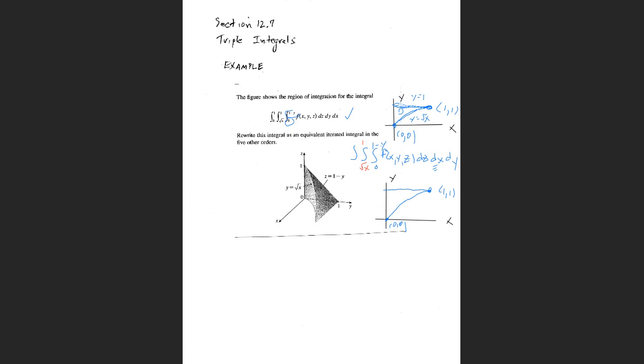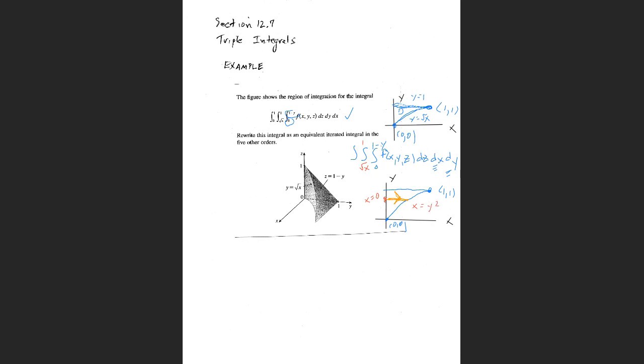If I do dx, dy, then I'm going this way, right? I'm going this way. So I'm going from the line x equals 0 to the parabola, not y equals root x, but x equals y squared.